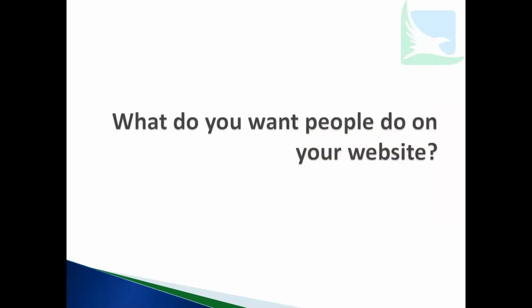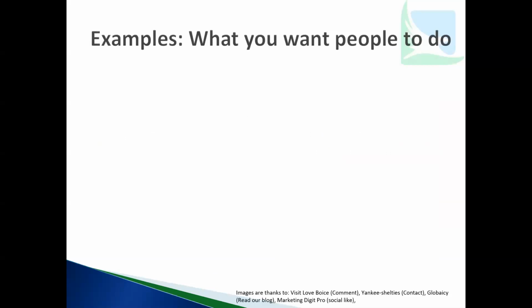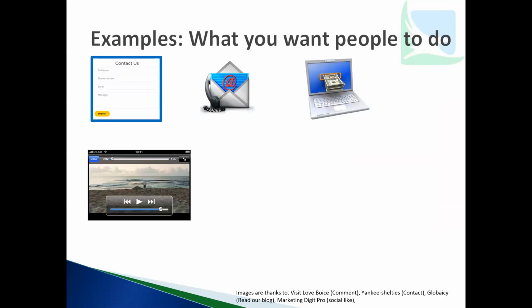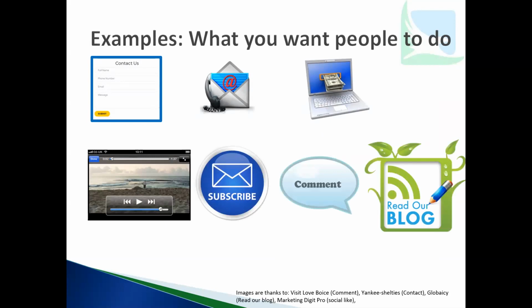So we're coming back to that question that I keep asking. What do you want people to do on your website? Well, here's some examples of what you might want people to do. You might want them to contact you, fill in a form, fill in a volunteer form, or fill in a contact us form. Maybe you want them to email you or phone you, donate money, watch videos, subscribe to your email list, comment on your blog.